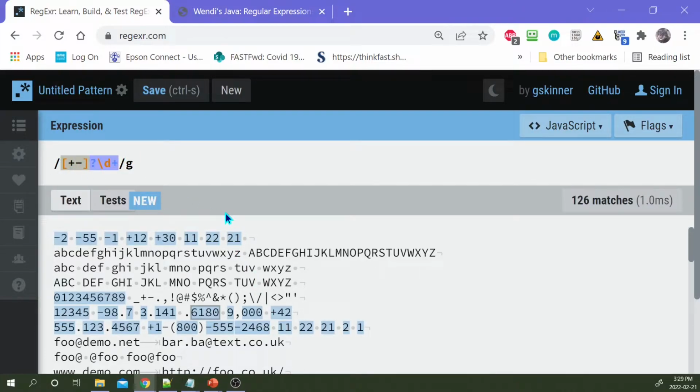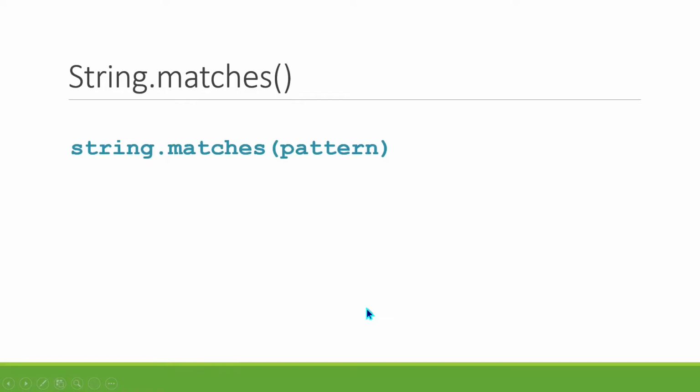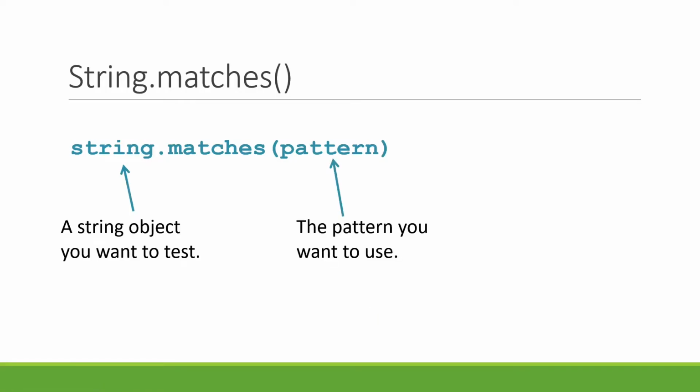So what we can do is we can copy that, and we are going to put it in our Java program using the String.matches method. Now, the matches method, as I mentioned before, we invoke it on the string that we want to test. So this represents whatever string input or string value you want to test with your regex.